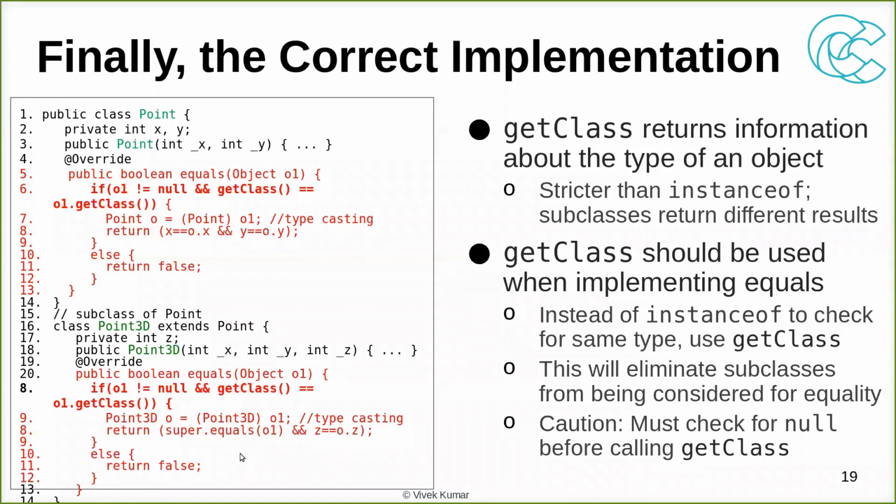If all of them are equal, it returns true. If not, it returns false. So are there any questions so far? This is how you should implement the equals method.